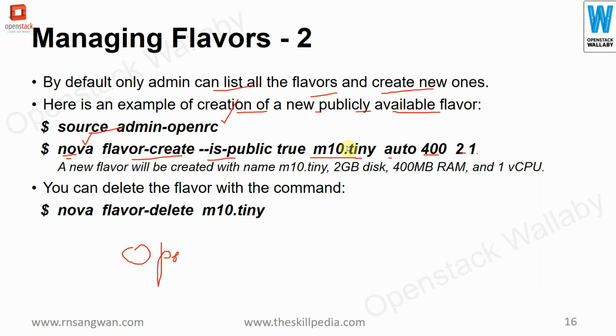What does each of these fields mean? This will create a flavor with the name m10.tiny, with 2 GB of disk, 400 MB of RAM and 1 CPU. You can delete a flavor with the command nova flavor delete, but I'll say it should be openstack flavor delete and the flavor name.